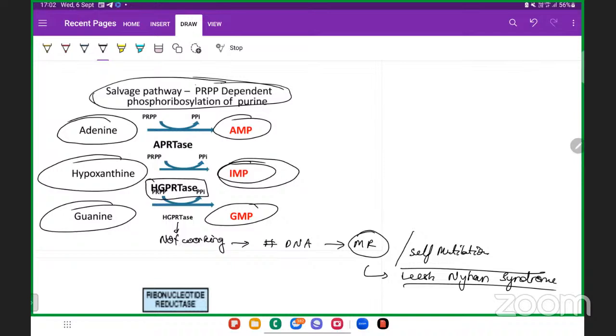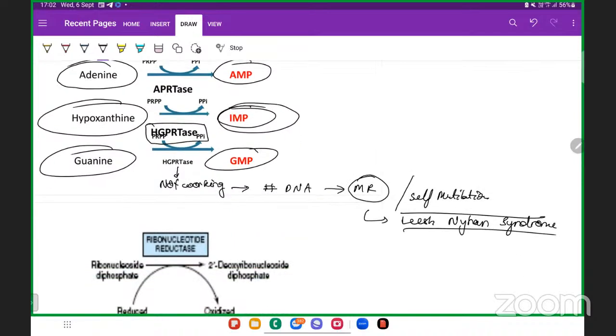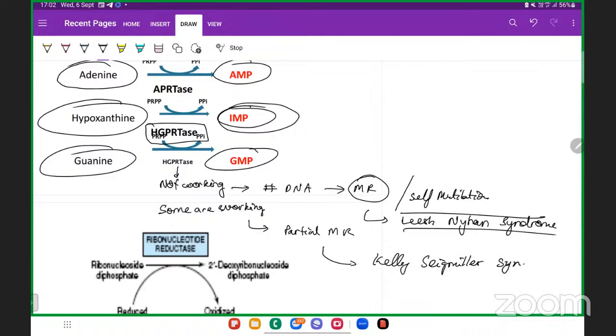Suppose there is partial absence. So instead of completely not working, some are working. Let's say out of 10 people, 2 or 3 are working and the rest are not working, then there will be a partial mental retardation, and that is called Kelley-Seegmiller disease, Kelley-Seegmiller syndrome.